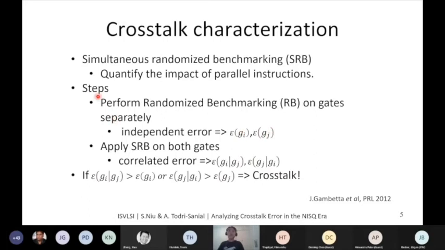Two steps are needed. First, you perform randomized benchmarking on the gates separately, and you obtain the independent error. Then you apply SRB on both gates simultaneously, and you obtain the correlated error. If the correlated error is larger than the independent error, it means there's crosstalk between the two gates.